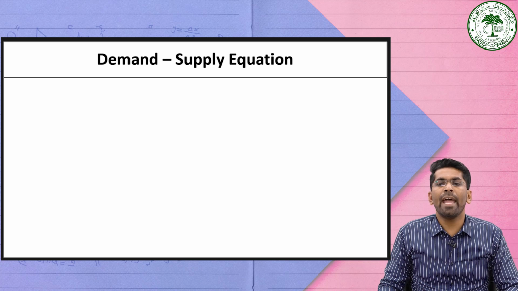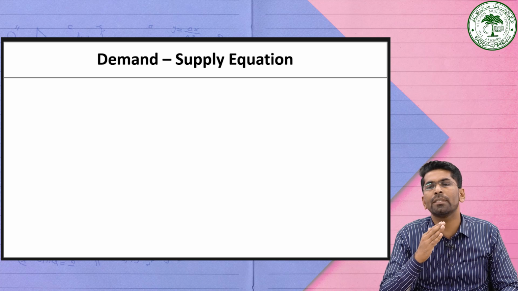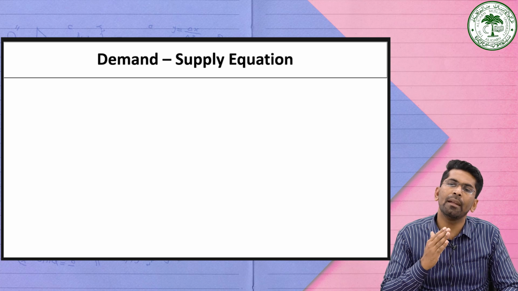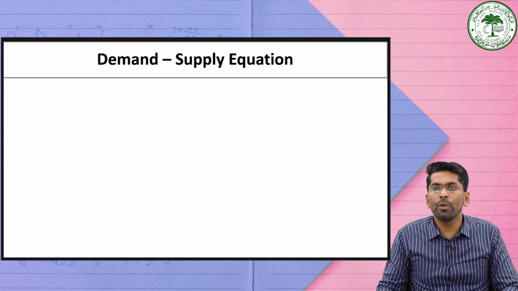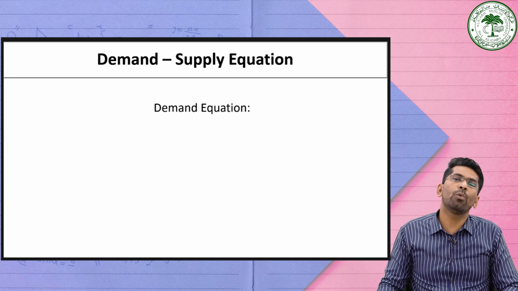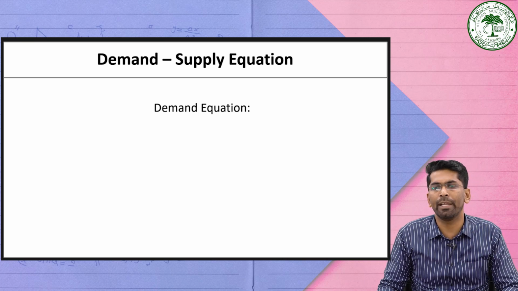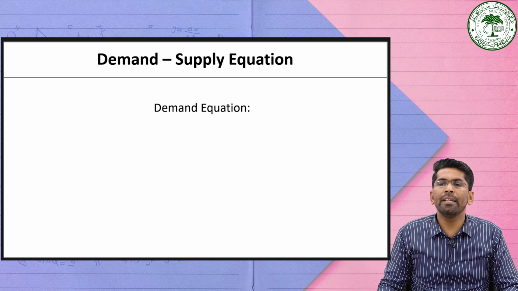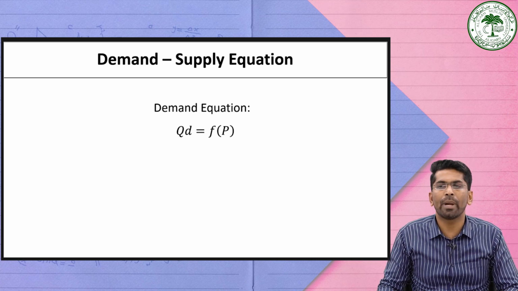Demand refers to the quantity of a product or service that the consumers are willing and able to purchase at various price levels during a specific period of time. A demand equation expresses the relationship between price and quantity, typically showing that the quantity demanded of a commodity is a function of price.